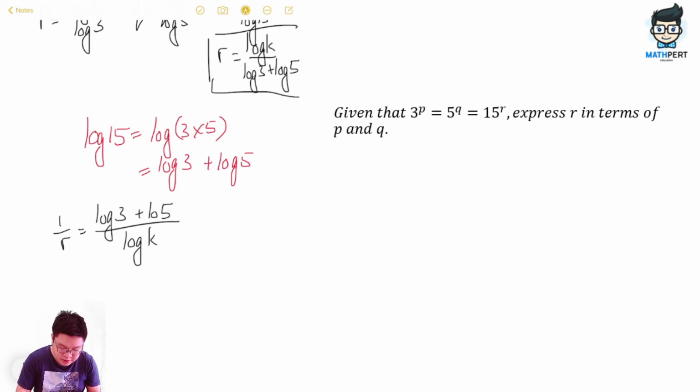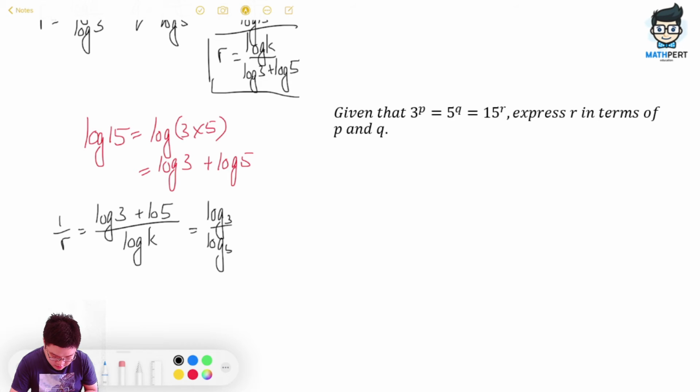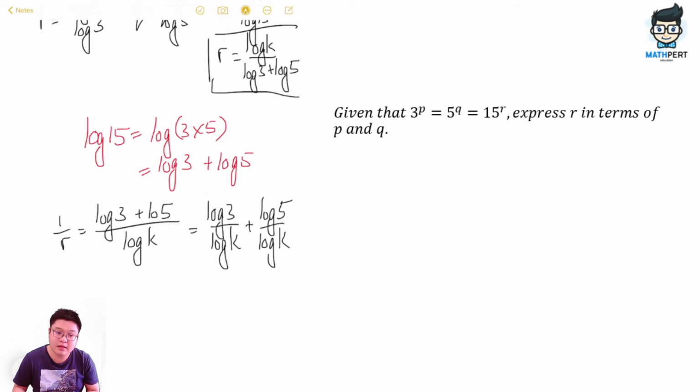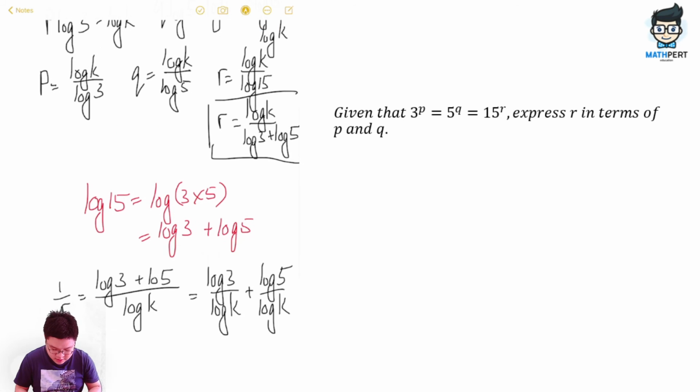So we can rewrite this one into log 3 over log k plus log 5 over log k. Isn't it? Alright, the reason why we need to change to log 3 over log k plus log 5 over log k is because of this part.